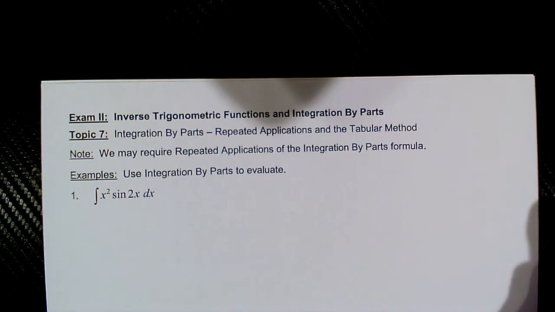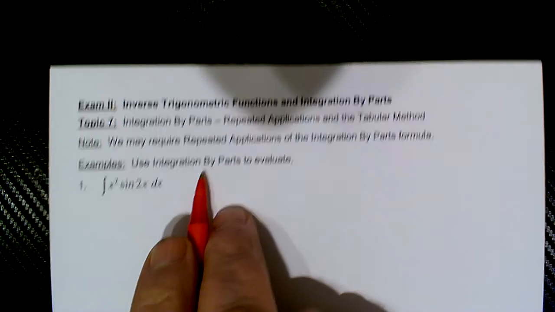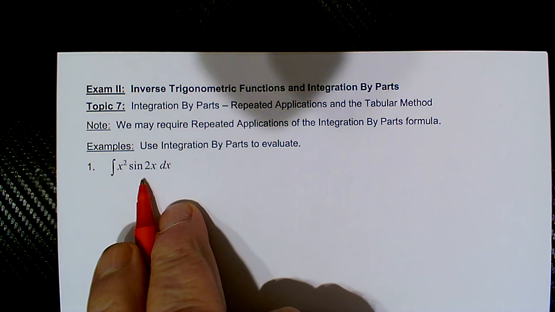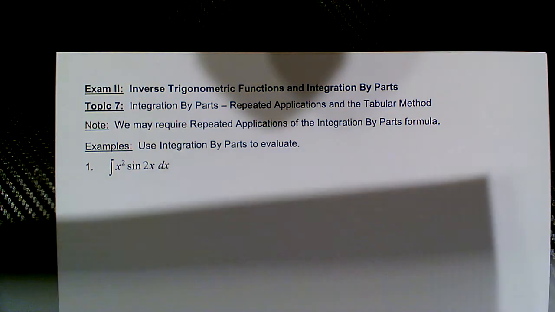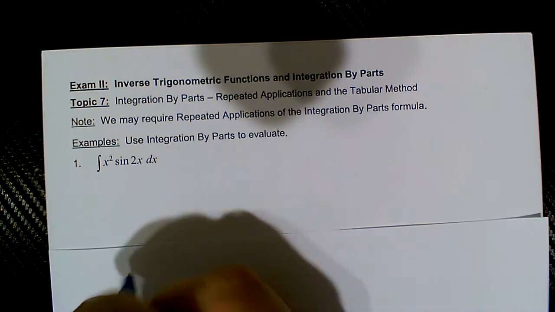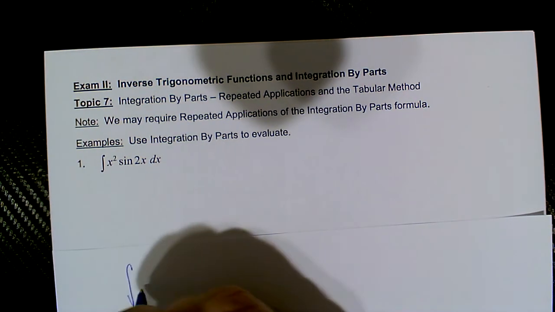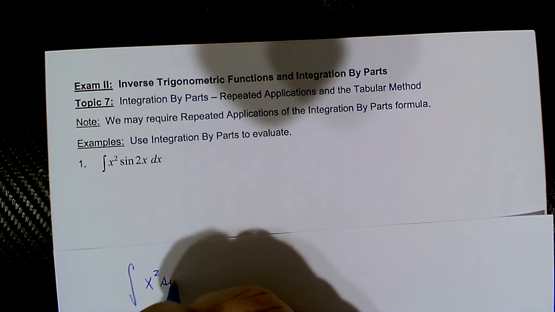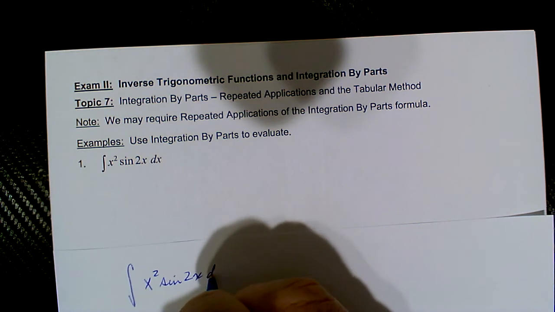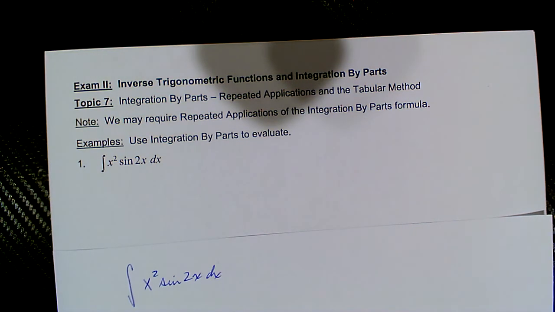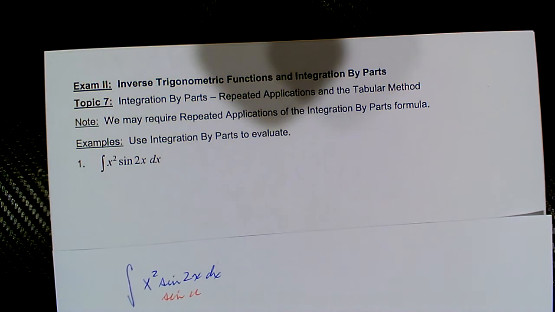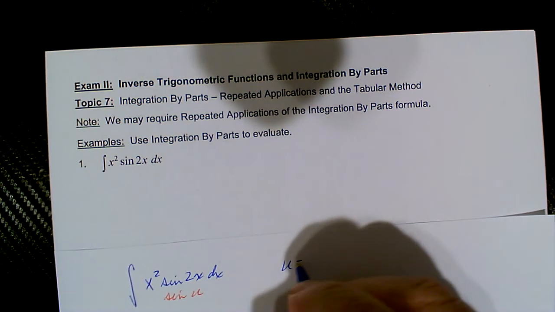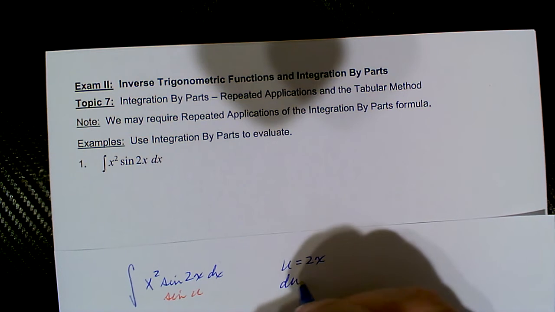So recall that when we realize that we need to use integration by parts, basically in this case it's because if we were to try to fit the basic form for the sine of u, then our choice of u would be 2x, and the du is just 2 dx.